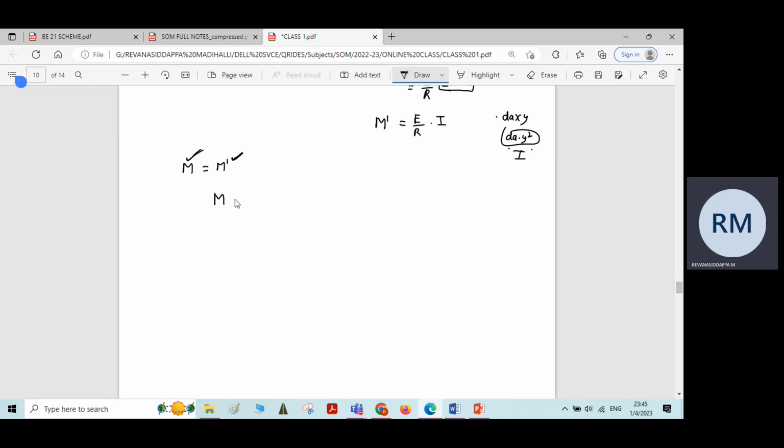Therefore, M is equal to E by R into I. I'll take this moment of inertia I to the LHS. What we get is M by I is equal to E by R.